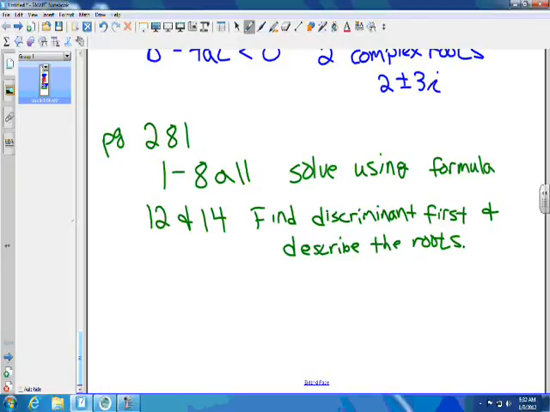On 12 and 14, that's all you have to do. You don't have to find the roots. All I want you to do is describe them.